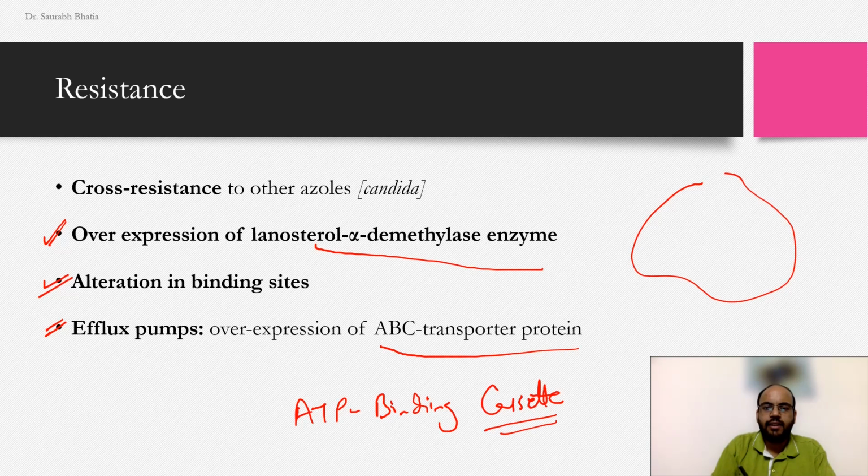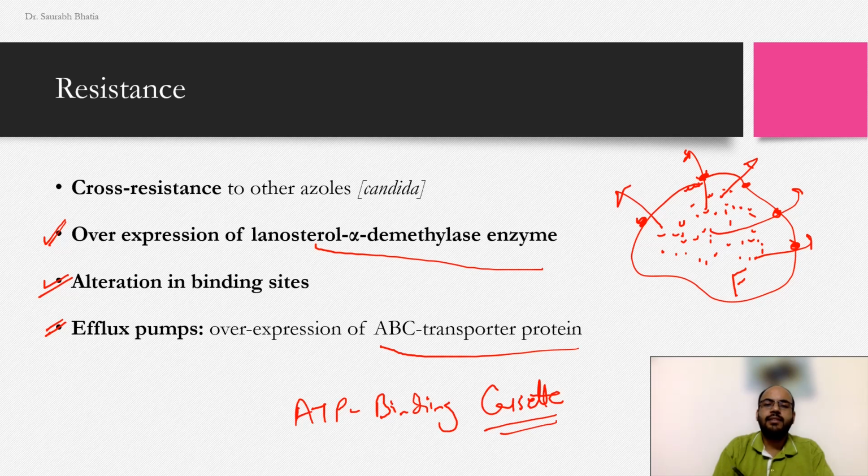So here is the fungal cell, F for fungus, and we have a lot of itraconazole inside, happily blocking lanosterol alpha demethylase. But if you have overexpression of efflux pumps, which are majorly ABC transporter proteins, these drugs are rapidly thrown out of the cell and the fungus is able to protect itself.